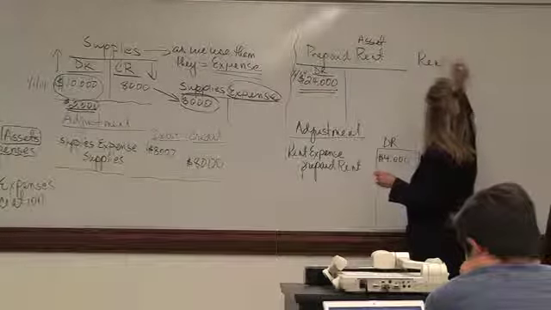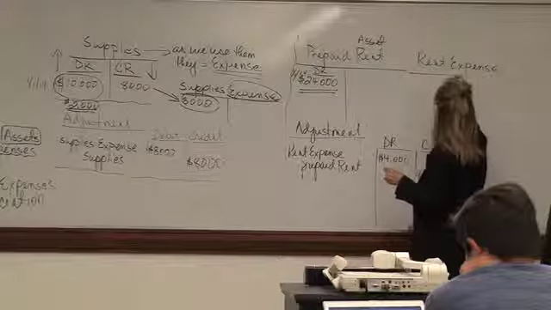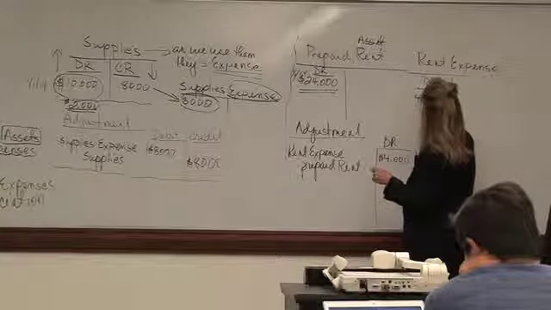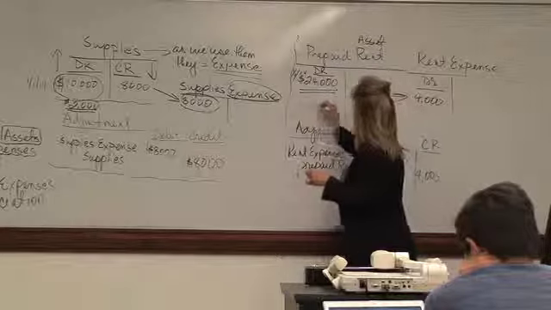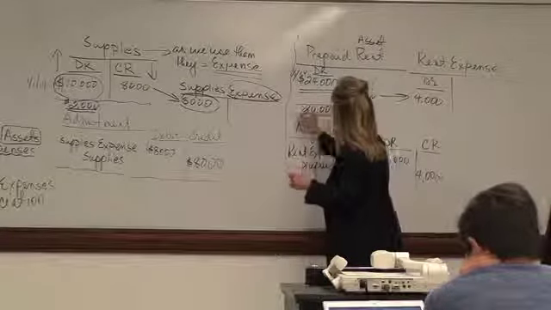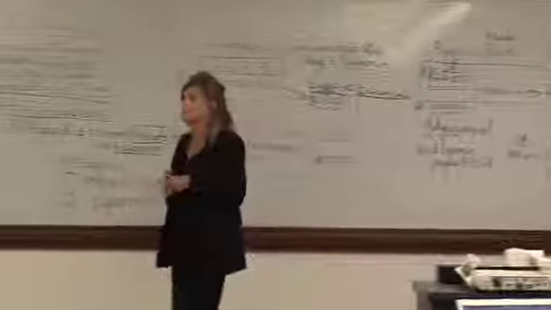So again, what we would see in the ledger when we post it is the rent expense going up and the asset going down. So at the end of January, when we start February 1st, that's what would remain in prepaid rent.